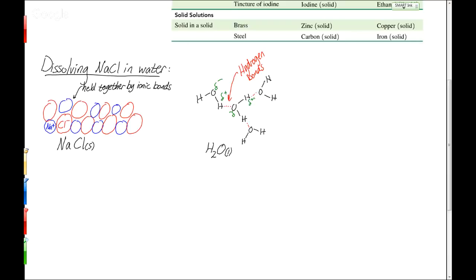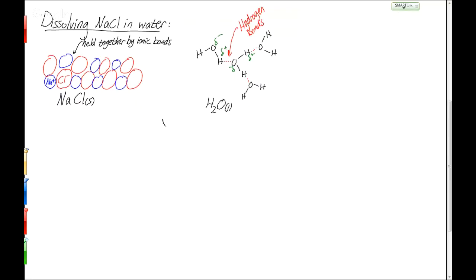I'm going to kind of run out of space here, so I can draw it down here. When water and sodium chloride solid come together, what they can make is this matrix where we're going to draw them individually. Here's a sodium ion. And all around that sodium ion, that positively charged sodium ion with its strong positive charge, water molecules are going to orient themselves so that the negative part of the water is facing and kind of holding on to that sodium ion.